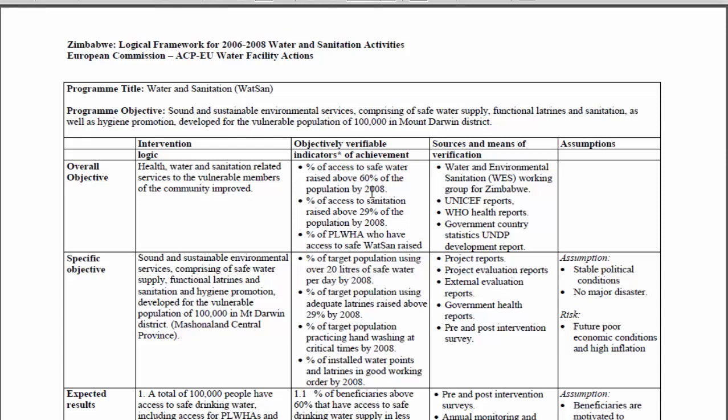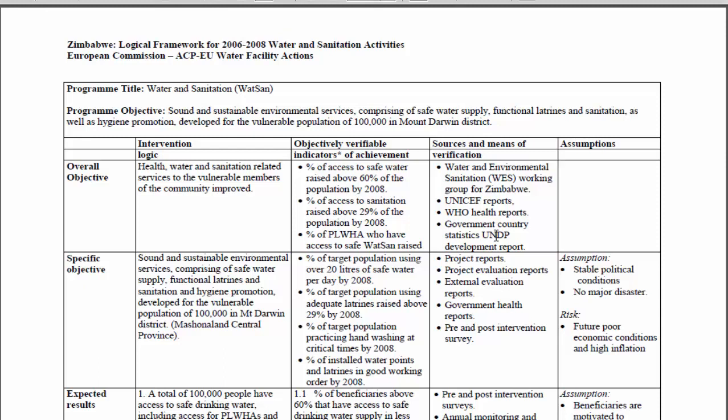But in the event that you have, because these things are interlinked, if you look here, the source and means of verification, they're actually telling you that you can find this data in UNICEF reports, WHO health reports, government country statistics, and so on and so forth. You can find this information.